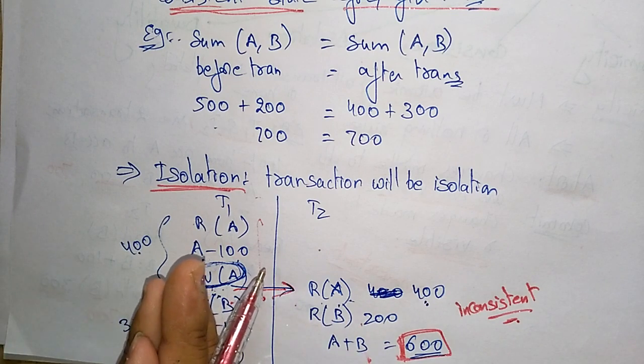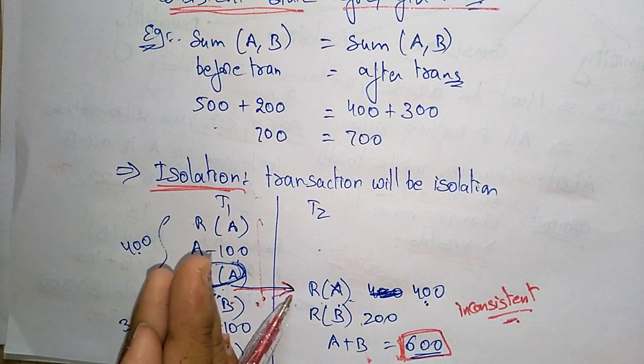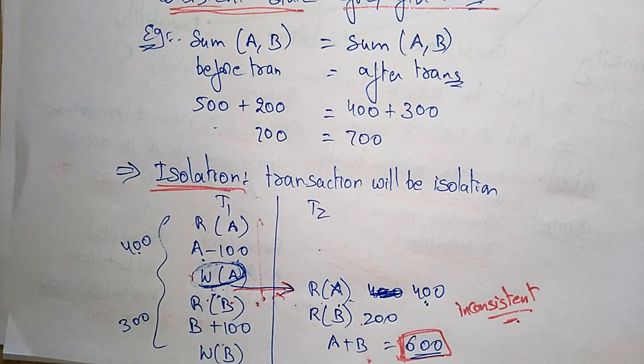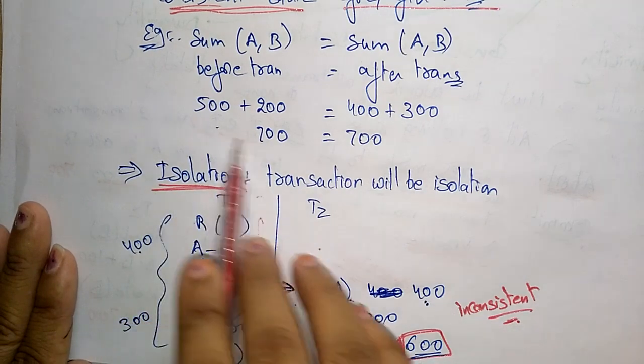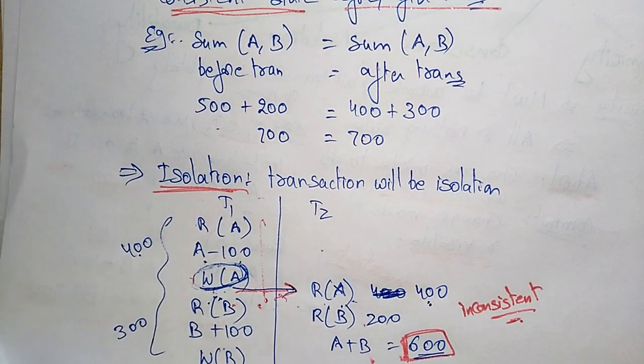You are hiding the values of one transaction from another so that the database does not come to an inconsistent state. That is isolation.